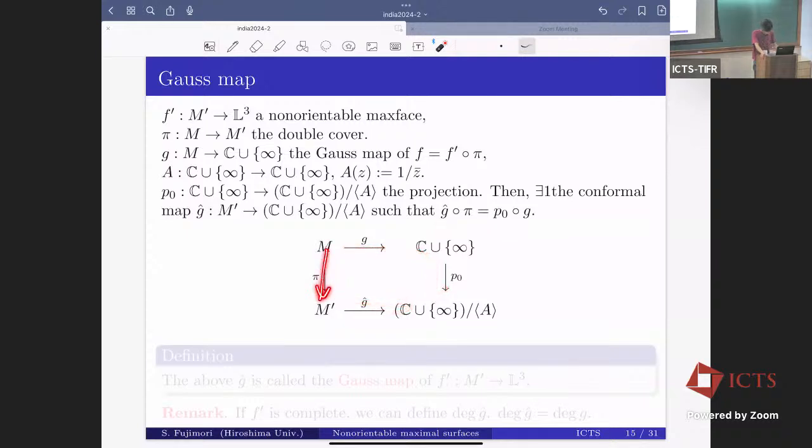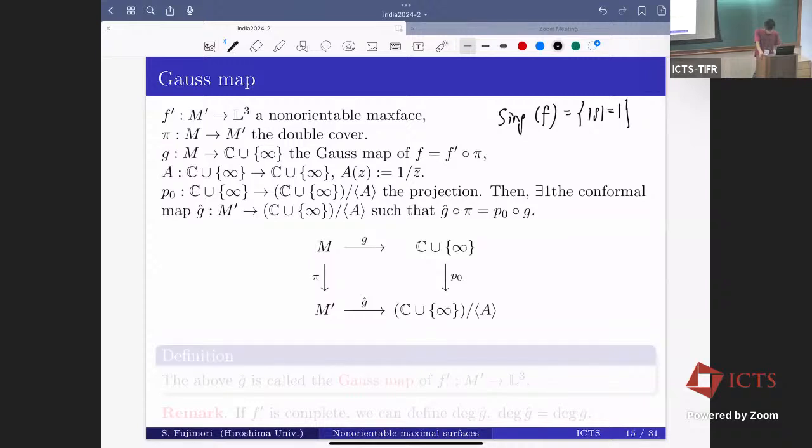So here we have a double cover, and here we also have a kind of double cover. But the unit circle is not defined. But then, remember that the singular set of F is equal to 1.